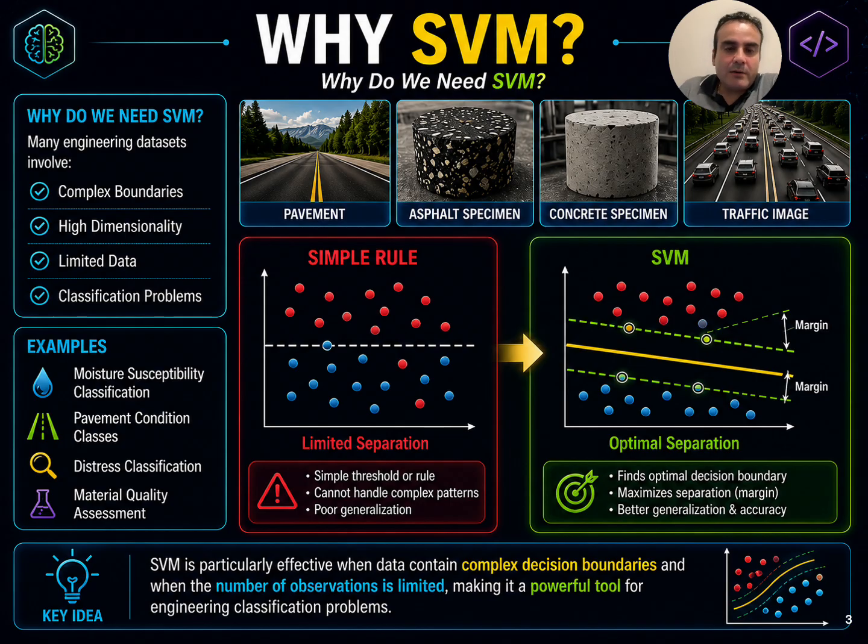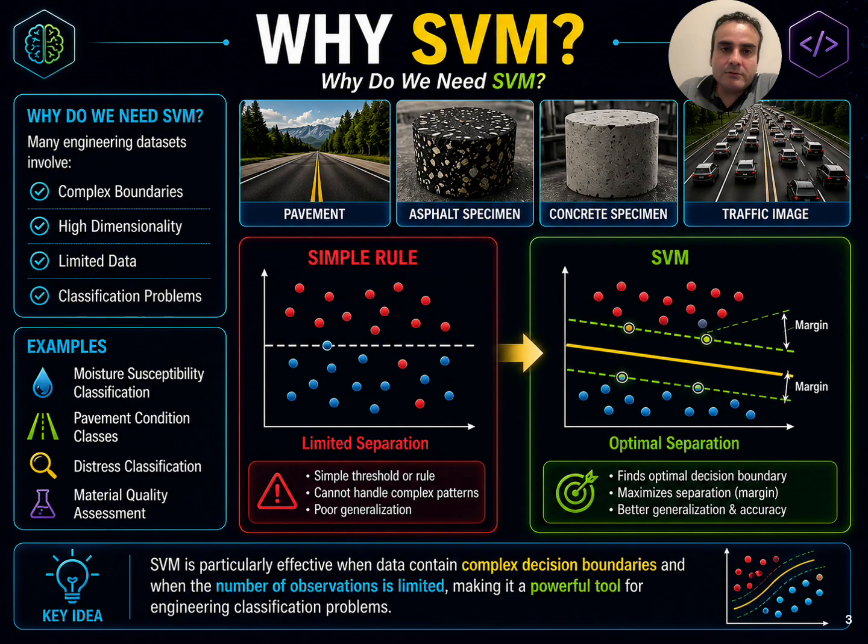Many engineering problems involve complex boundaries, limited data, and high-dimensional data. These characteristics make support vector machine attractive for engineering applications. The figure compares a simple threshold-based rule with support vector machine.